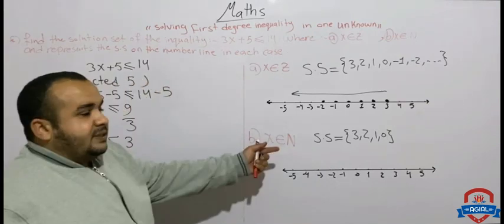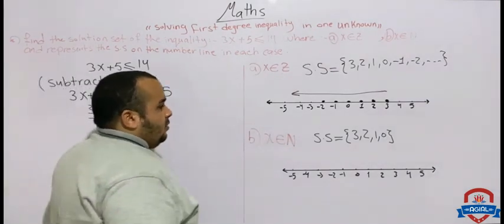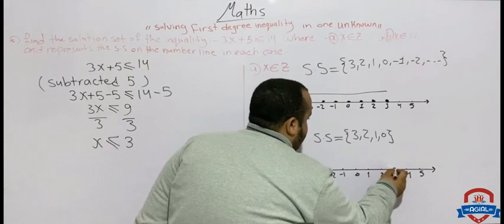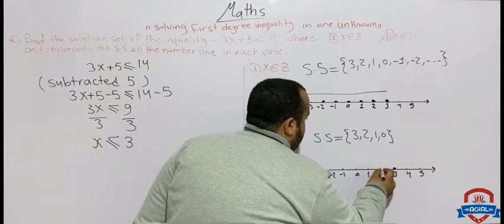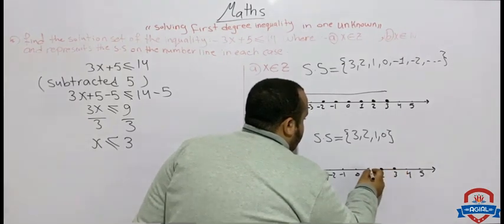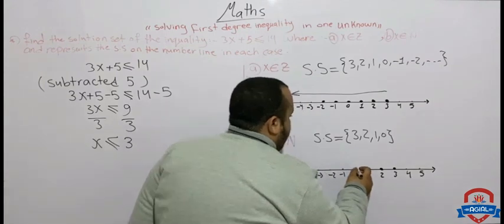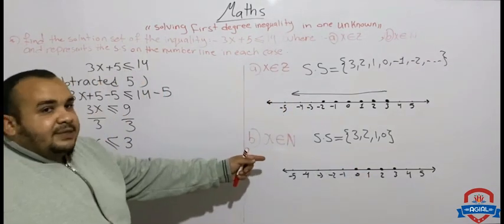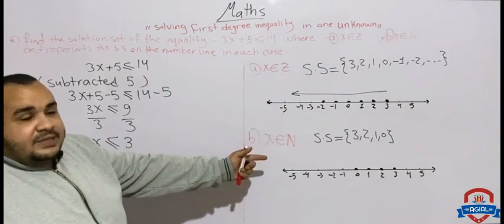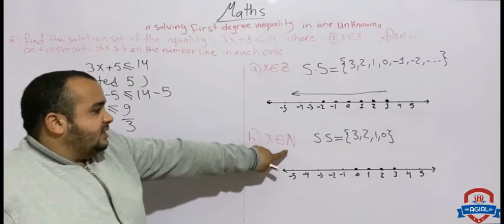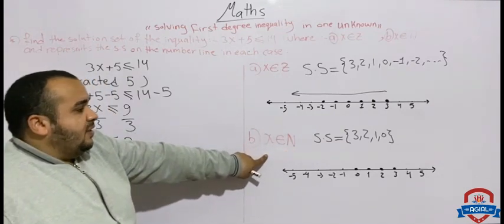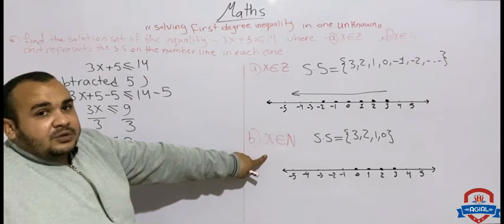So if we need to represent this solution set, 3, 2, 1, and 0 is the solution set of this inequality in the set of natural numbers, because the set of natural numbers does not contain the negative numbers.